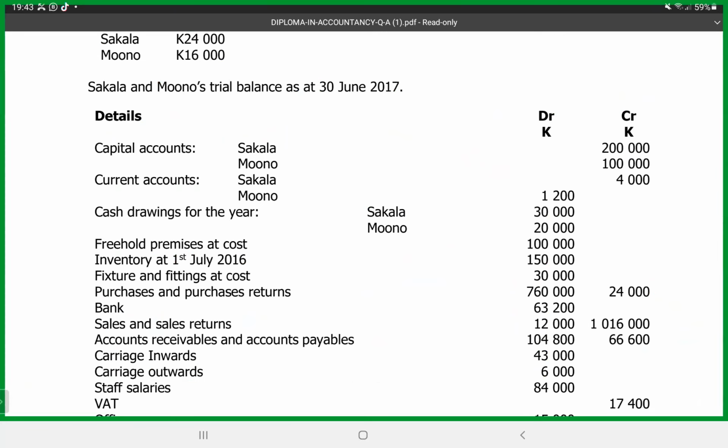And how much is that? Interest on current account for Sakala is 4,000 times 0.05.